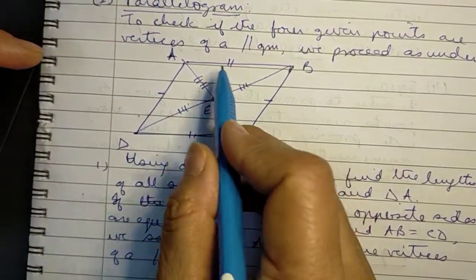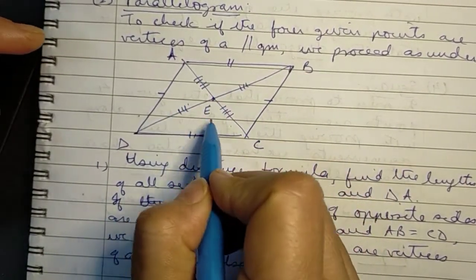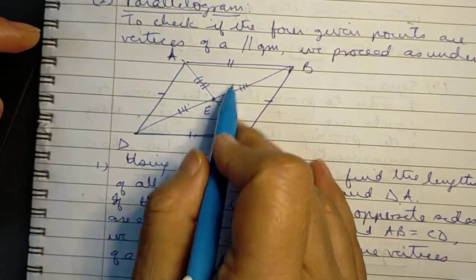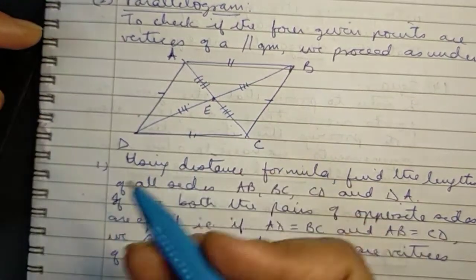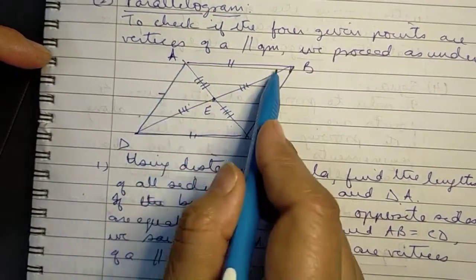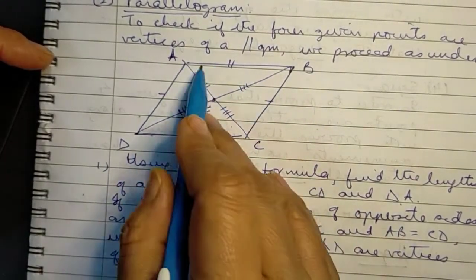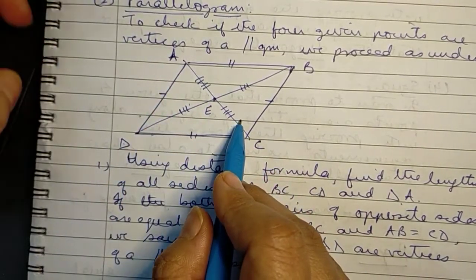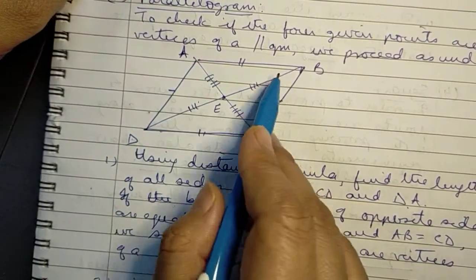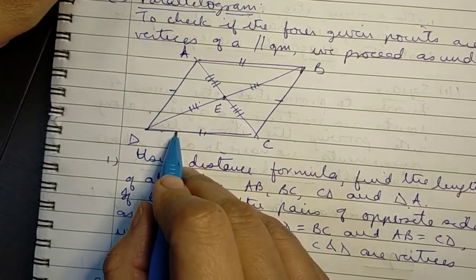We know that a quadrilateral is a parallelogram if both pairs of opposite sides are equal in length. So we simply find the length of all four sides AB, BC, CD and DA using the distance formula, as we already know the coordinates of all four vertices.